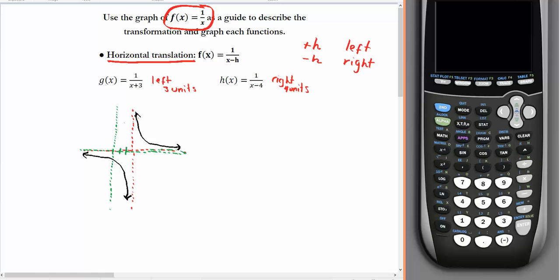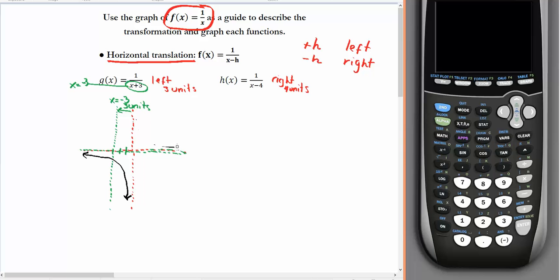So the only thing that moves is this, 3 units. So it's now at x equals negative 3. This is the critical point from here: x equals negative 3.